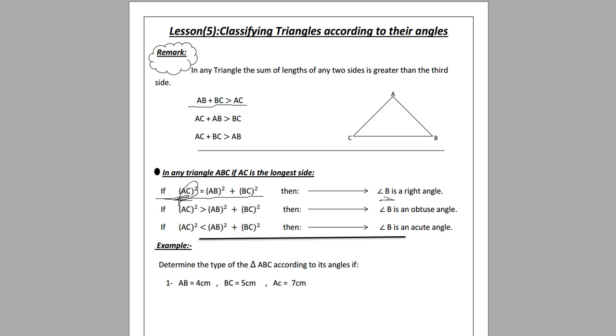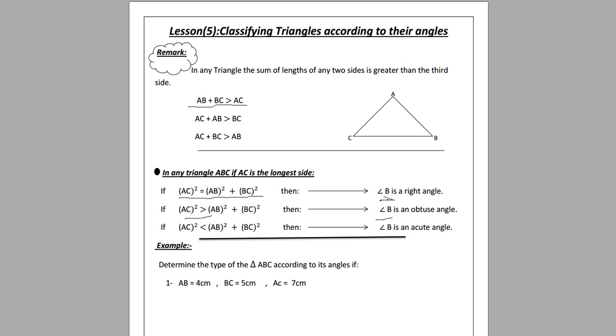In the second case, AC bar 2 is bigger than, it's not equal, bigger than AB bar 2 plus BC bar 2, then angle B is obtuse, and this triangle is an obtuse angle triangle. If AC squared, and AC is the longest side, is less than AB bar 2 plus BC bar 2, then B is an acute angle, and the triangle is an acute angle triangle.